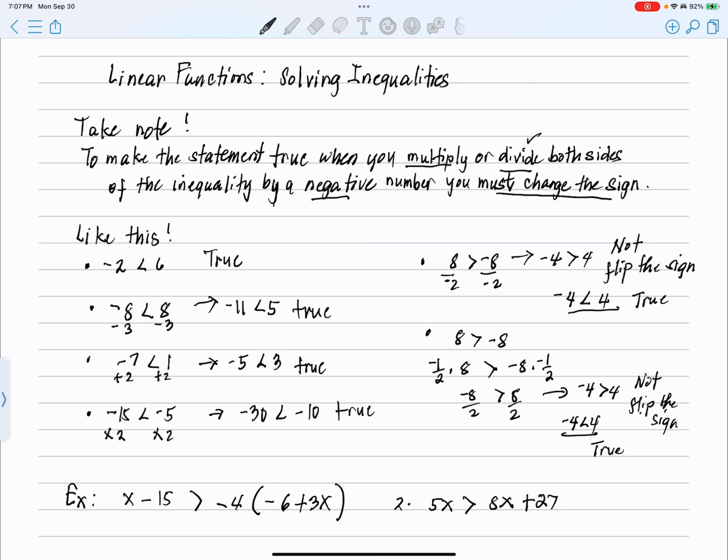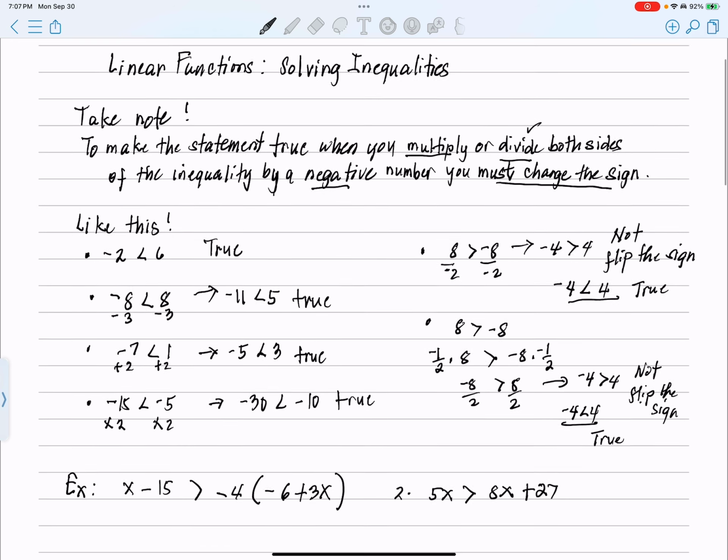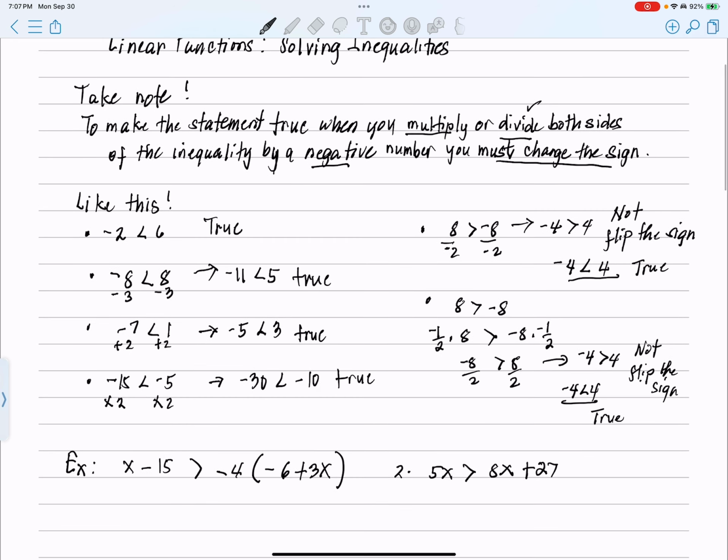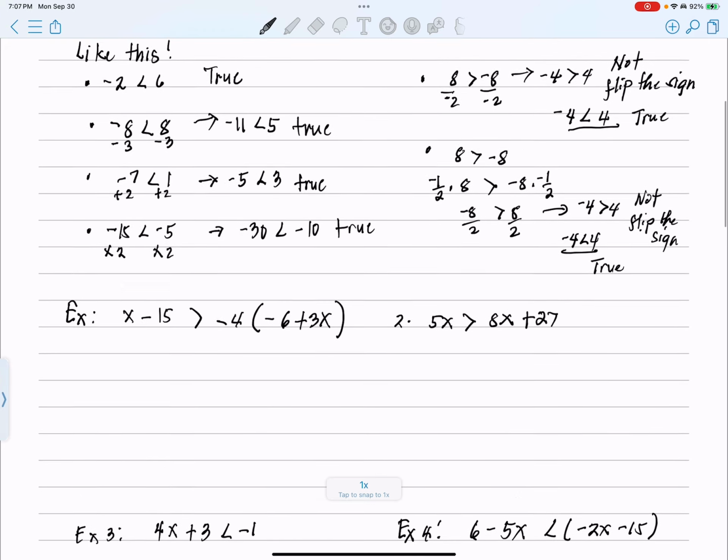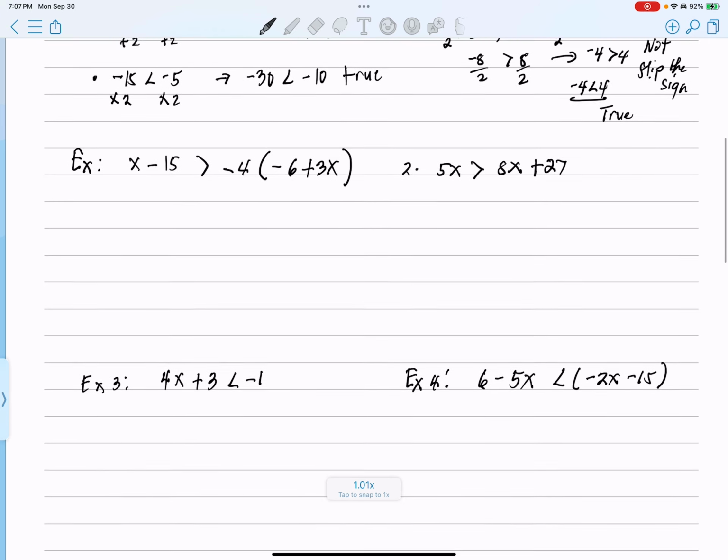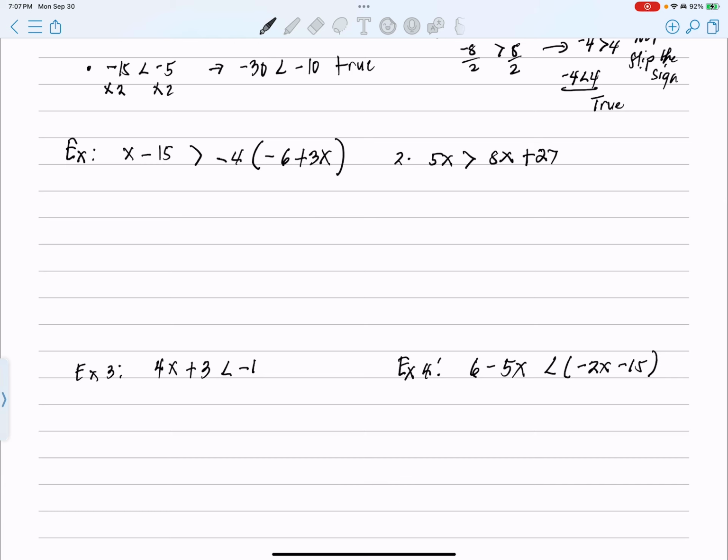All right, let's check and apply the rules in solving inequalities. I prepared 4 questions here. So let's simplify. We have x minus 15 greater than negative, that's positive 24.